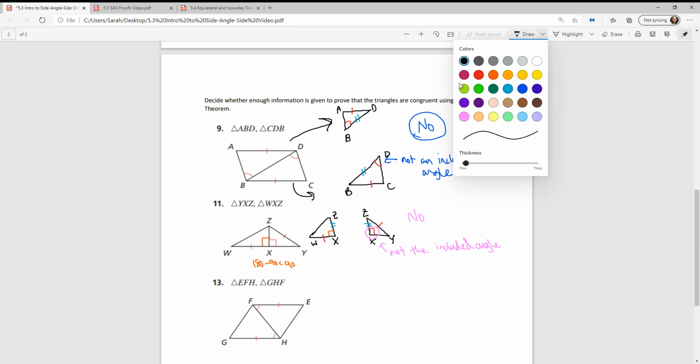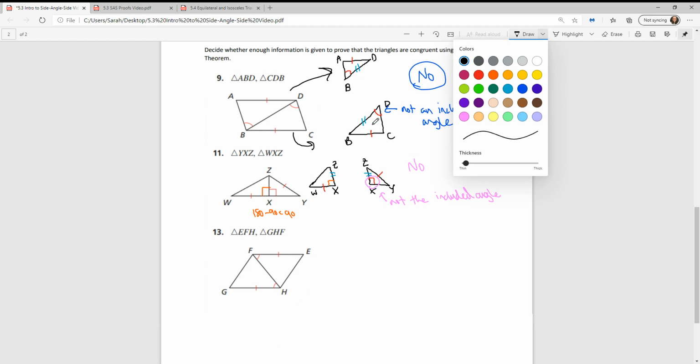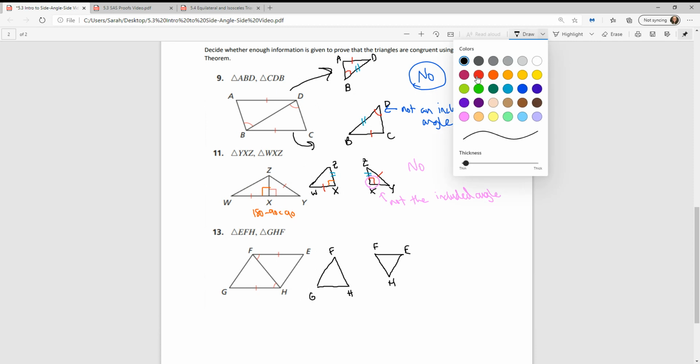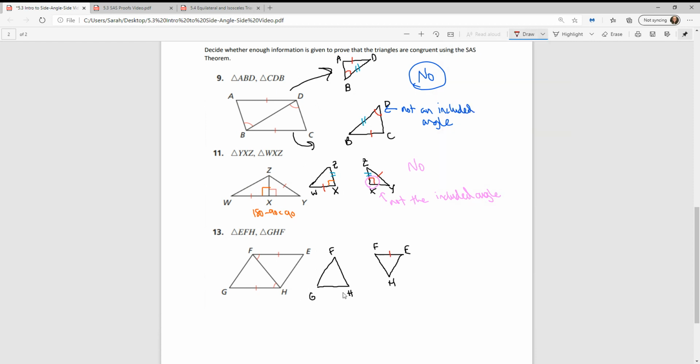All right, one more like this. I'm going to scoot my screen here. We have triangle EFH, which is the one that's off to the right here. And we have triangle GHF, which is the one that's off to the left. Let's fill in what we know. We know that FE is congruent to GH. And we know that the angle here, FHG, is congruent to the angle here, FEH.